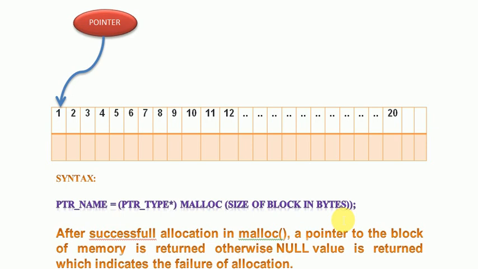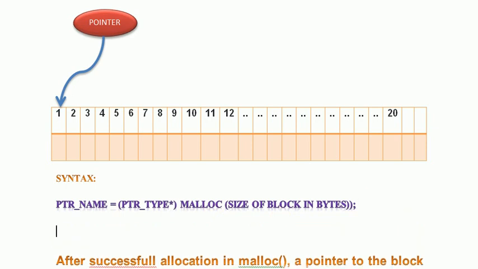Now suppose we have to allocate a block of memory of size 20 bytes, right? So for that we will write the syntax as follows. Suppose we are naming that pointer variable as arr. Then ptr type: now suppose we are allocating memory to an integer, right?